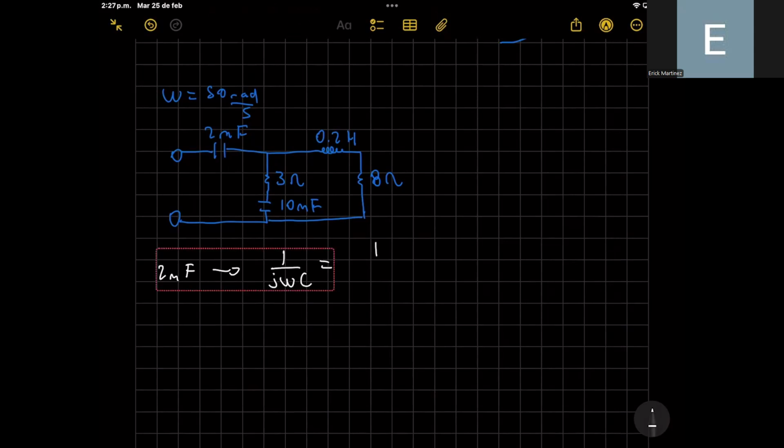So this is equal to 1 over J times 50 times 2 millifarads. If you compute all of that, just wait a moment.